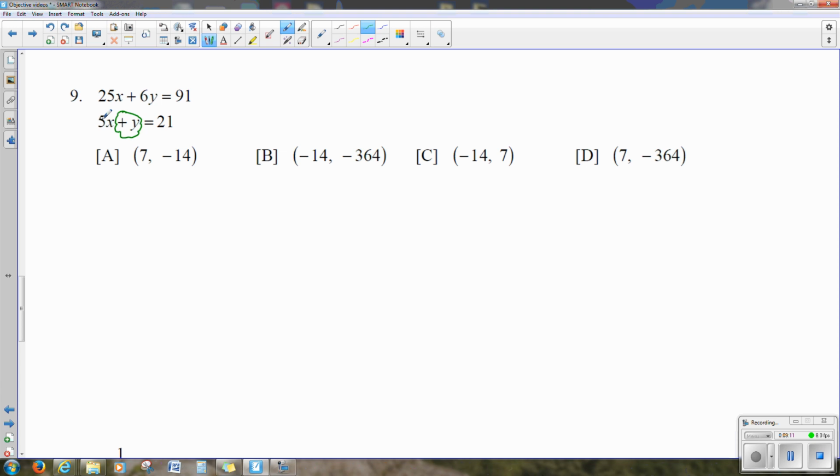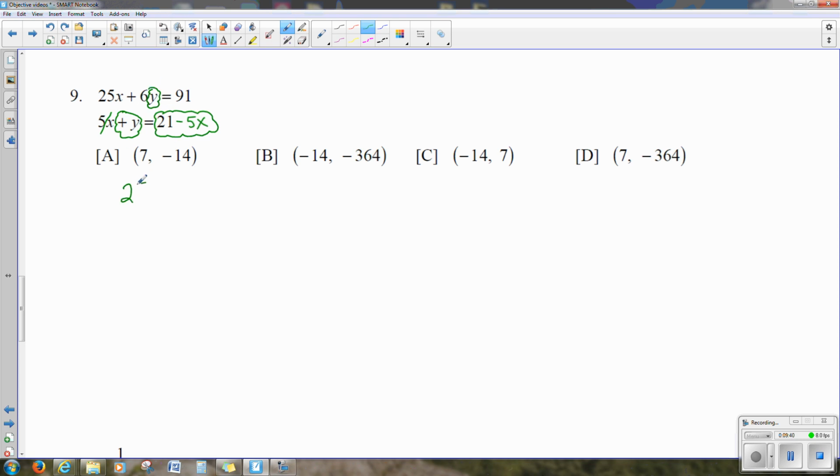If I subtract 5x from each side, y equals 21 minus 5x. Yes, this one is a little bit ugly. They've got big numbers in here. You have a calculator. You're going to be fine. So I'm going to take 21 minus 5x and substitute it in for y in this first equation.